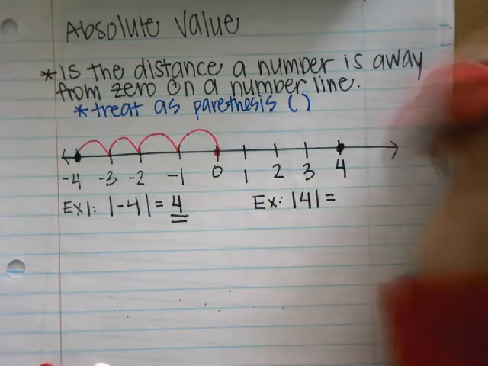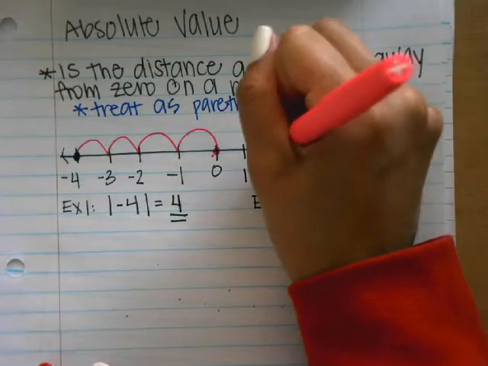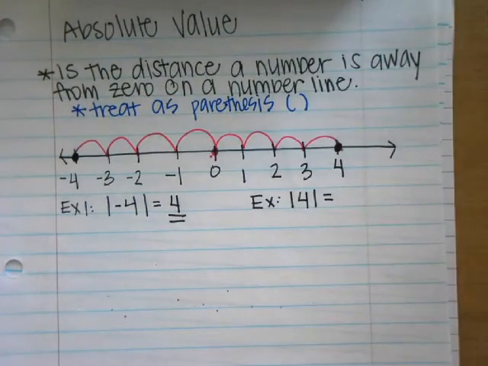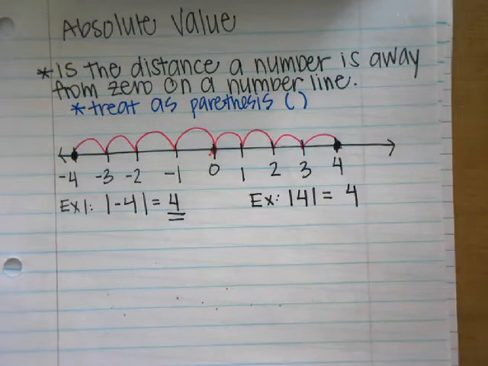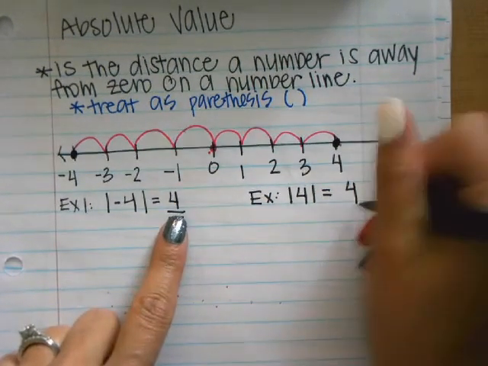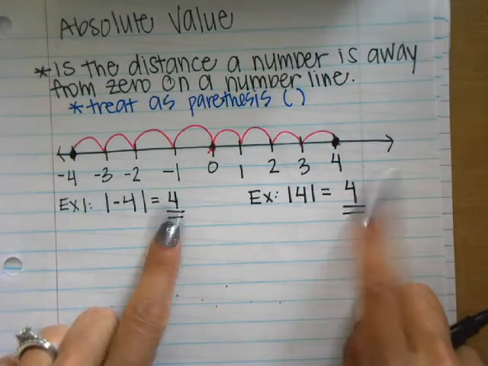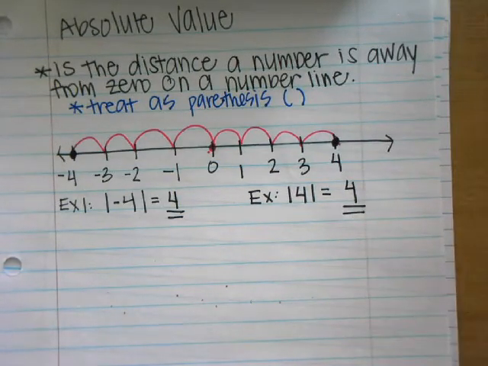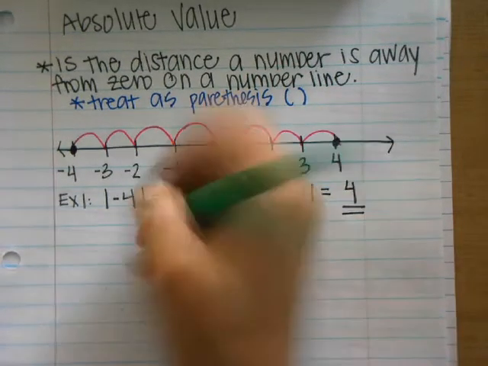How far away is 4 from 0 on the number line? How far away is it, everyone? So the absolute value of 4 is 4. Now, both answers are what? And they're what type of number? They are positive, which means absolute value is always what? It's always positive.